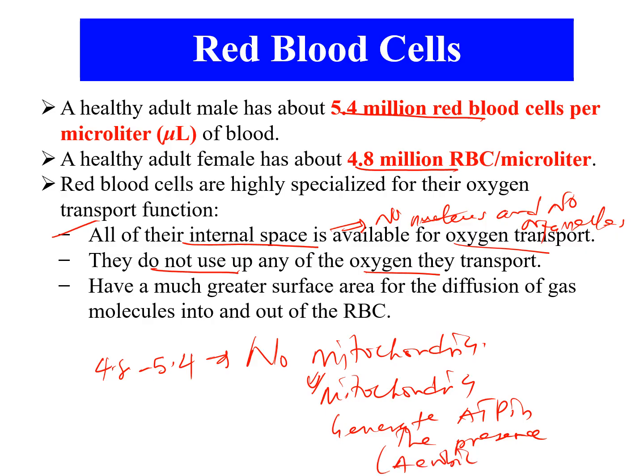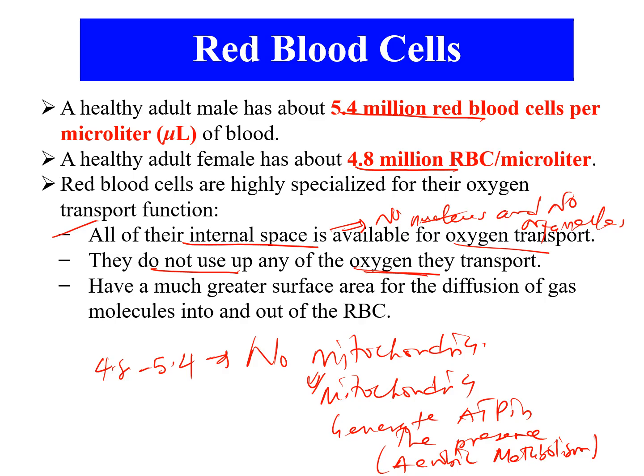But because the red blood cell does not have any mitochondria, it cannot use the oxygen that it transports to produce ATP.